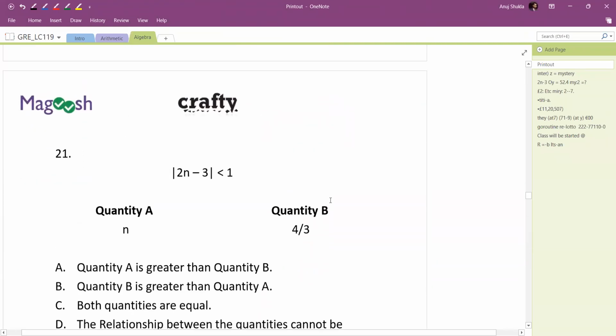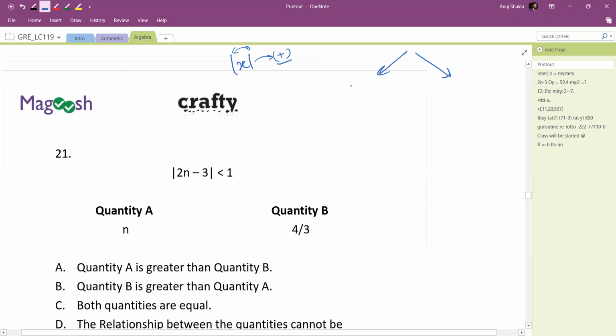What you need to remember is two things to solve the mod function. Mod of anything, suppose mod x. Remember one thing: anything within these two magical bars is always positive. So mod of anything is always a positive value.